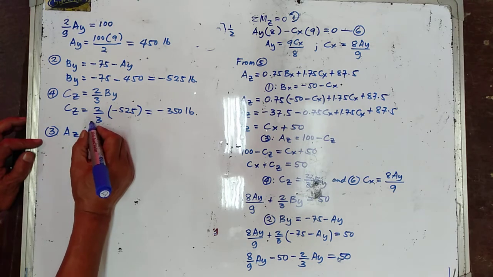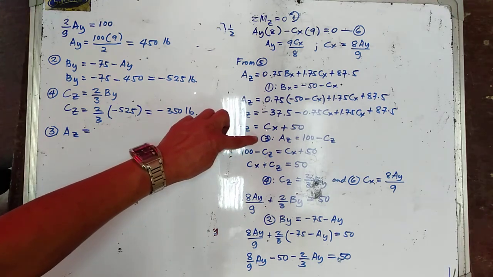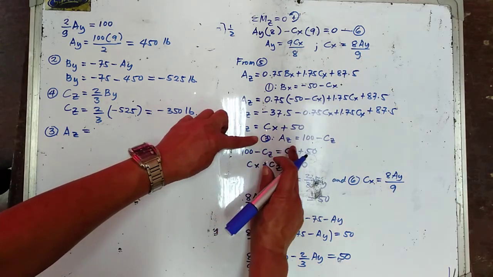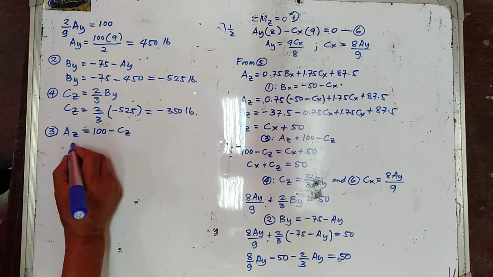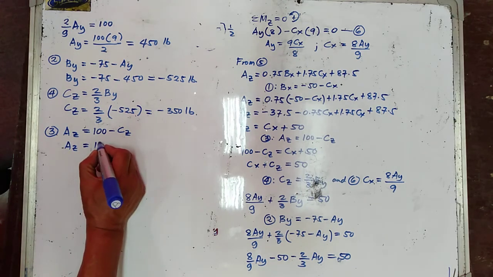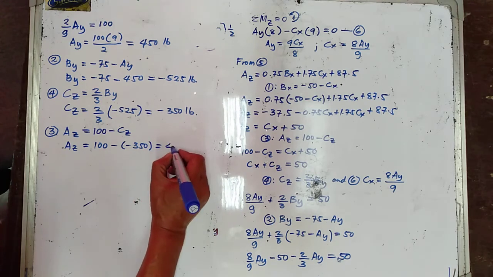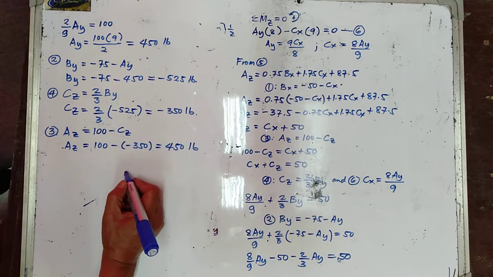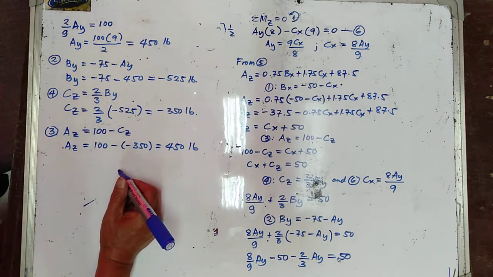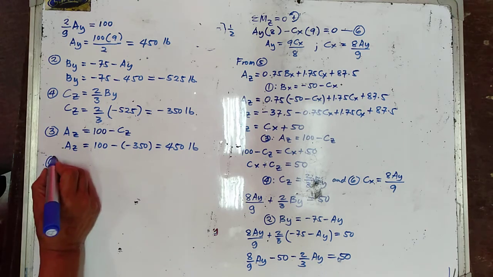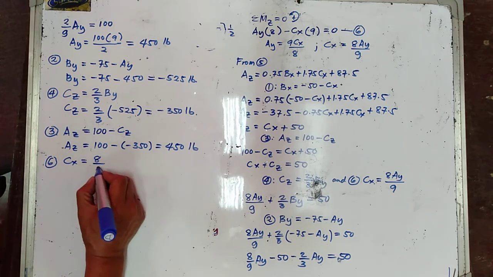Your AZ is equal to 100 minus CZ. So your AZ is equal to 100 minus negative 350. So that is equal to 450 pounds.